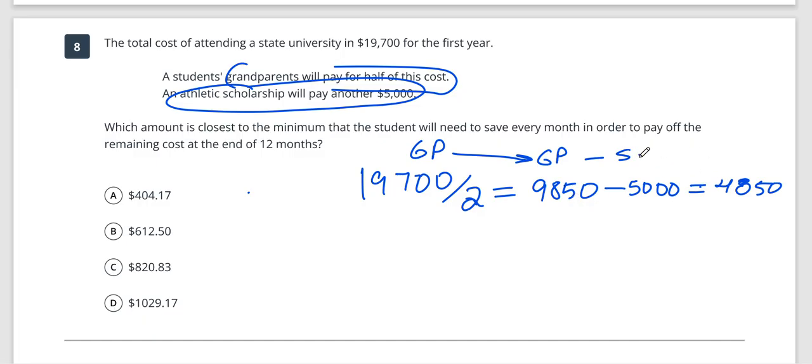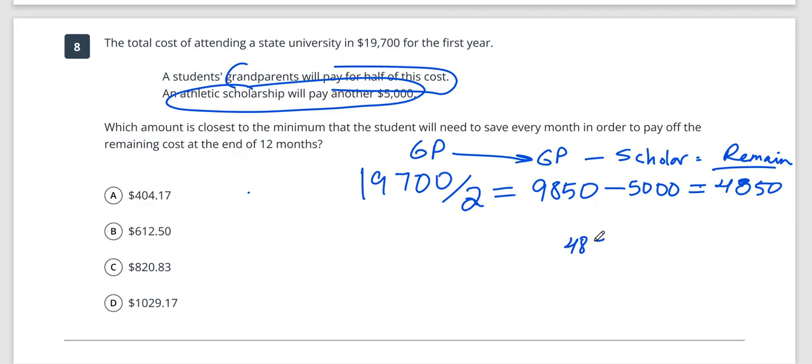And that would be subtracting the scholarship, which now leaves me the remaining balance, whatever's left. Which amount is close to the minimum that the student will need to save every month in order to pay off the remaining costs at the end of 12 months.